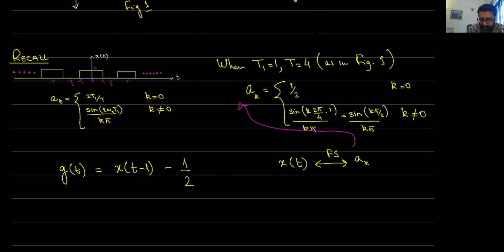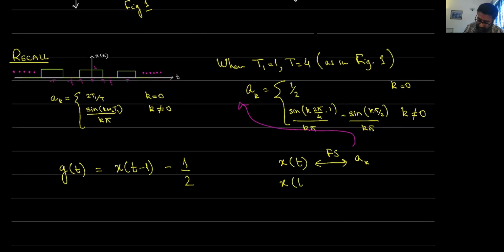Based on the time shifting property that we've done already, what are the Fourier series coefficients of x of t minus 1? X of t minus 1 has Fourier series coefficients which are just these a_k's multiplied by e raised to the power minus j k omega naught times t naught, but t naught is equal to 1. So there's actually a 1 here.